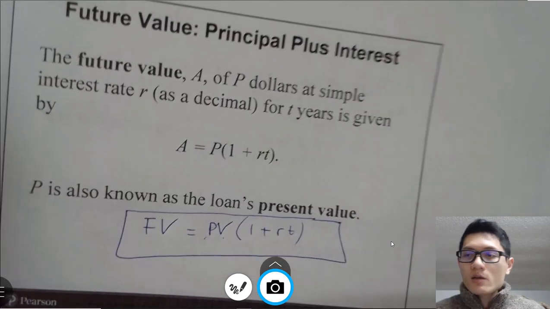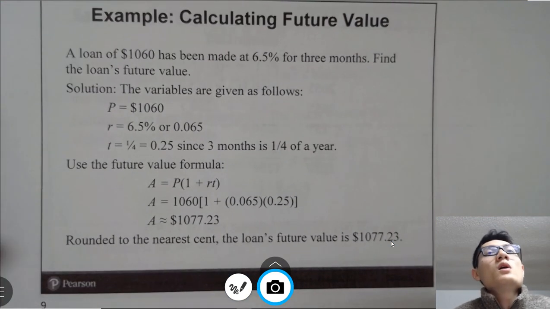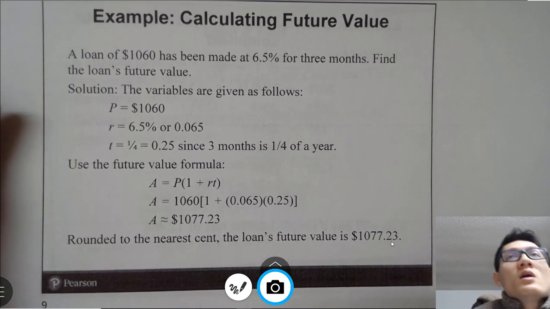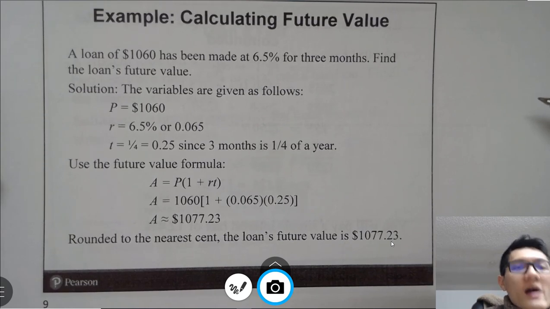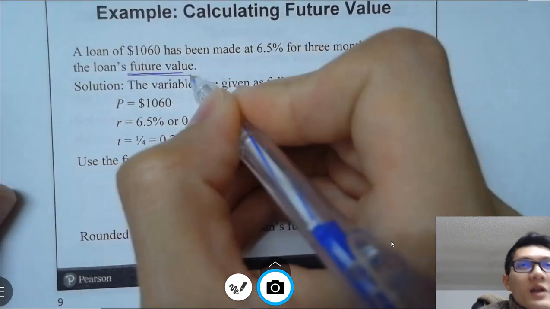All right, so let's try more examples about the future value. A loan of $1,060 has been made at 6.5% for 3 months. Find the loan's future value. In this problem, we are asked to find the future value.